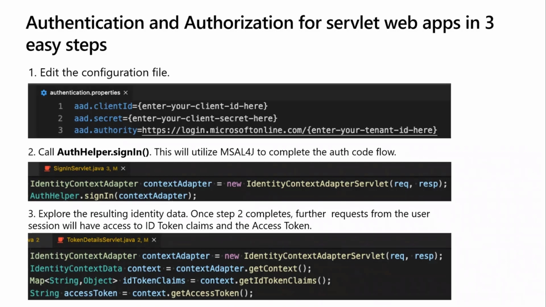If everything checks out there, the auth code will be exchanged for an ID token and an access token. Step 3, you get to use the ID token to extract its claims. What's the user's name? What are some roles they belong to? And also use the access token to access upstream resources.